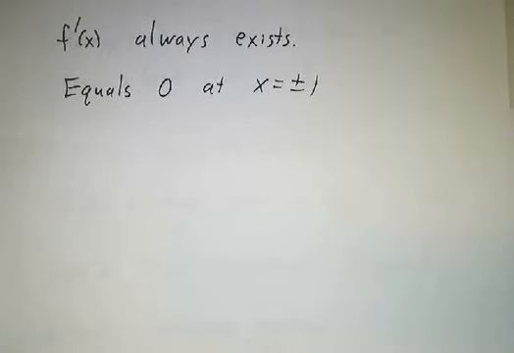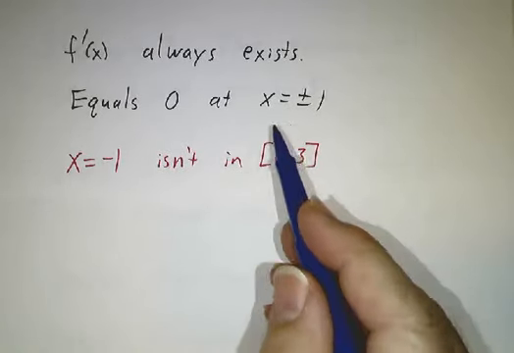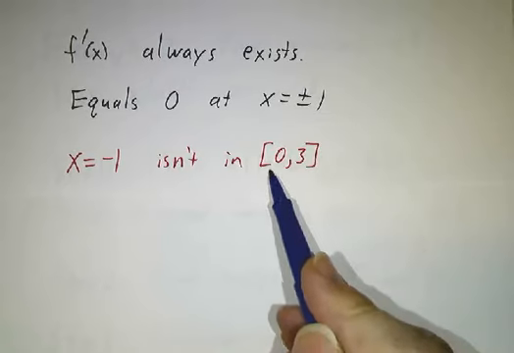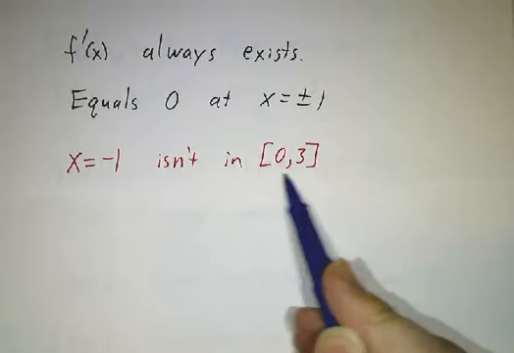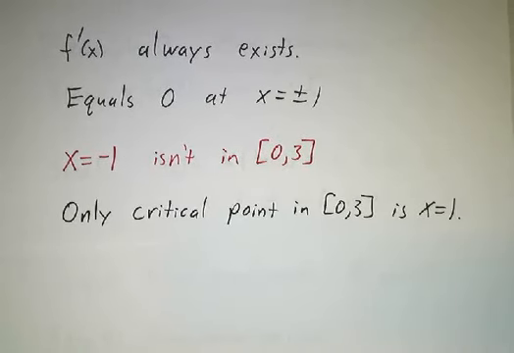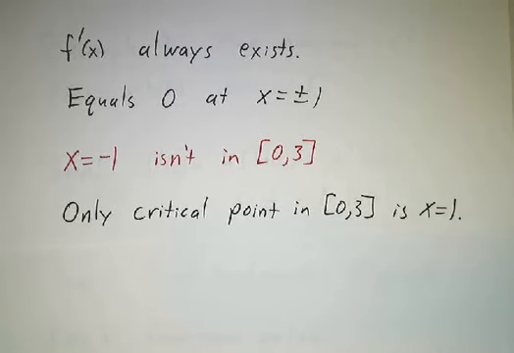So plus and minus 1 are our critical numbers, or our critical points. Except they don't both count. One of them is in the interval. 1 is between 0 and 3, but negative 1 isn't. The only critical point that's actually in our interval is x equals 1. We don't care about x equals minus 1. It's not in the interval.